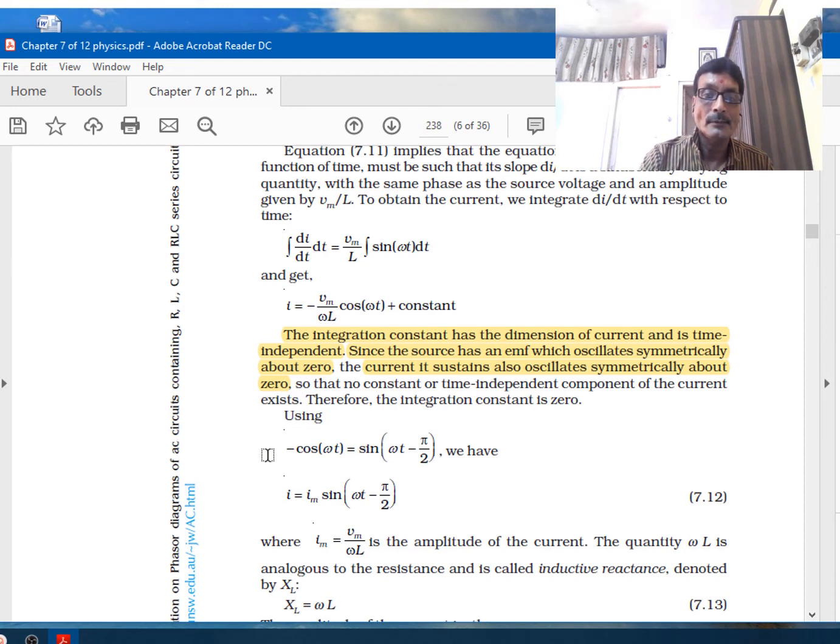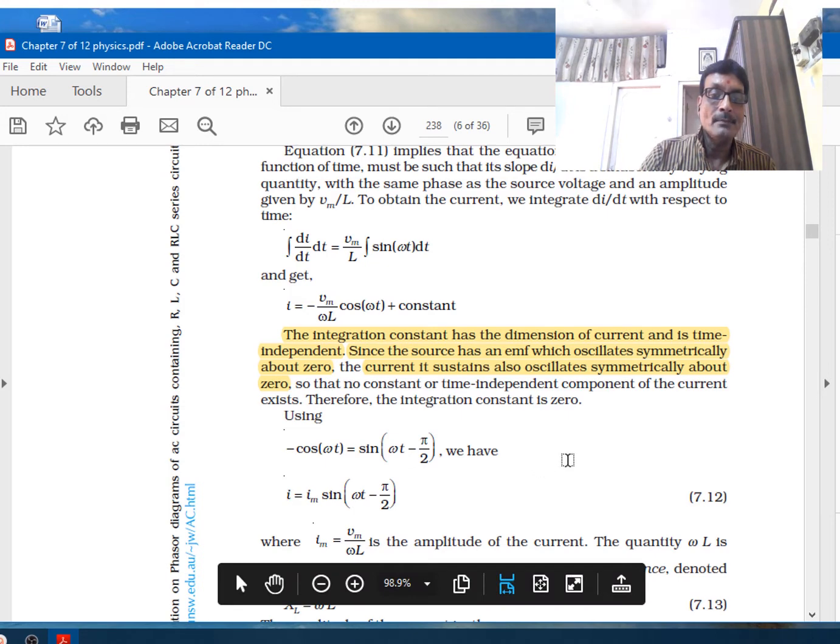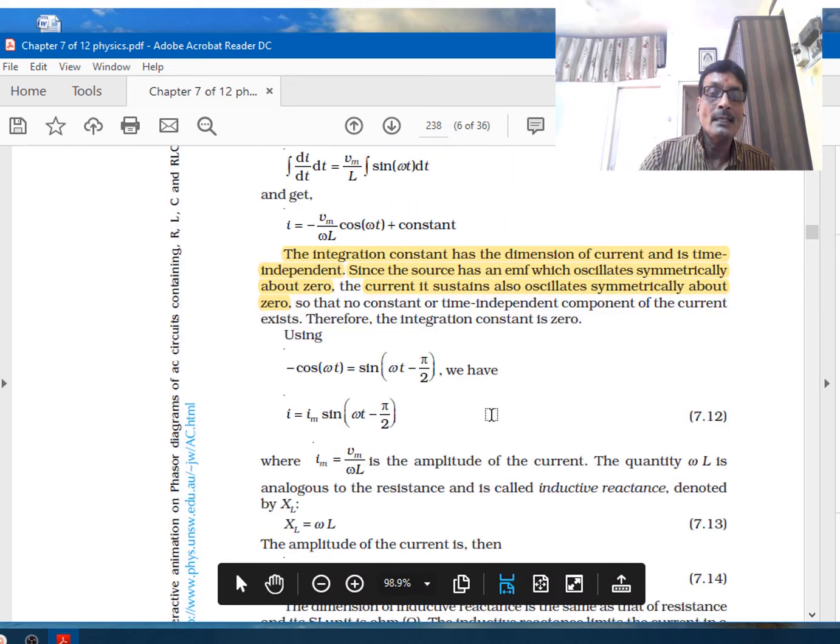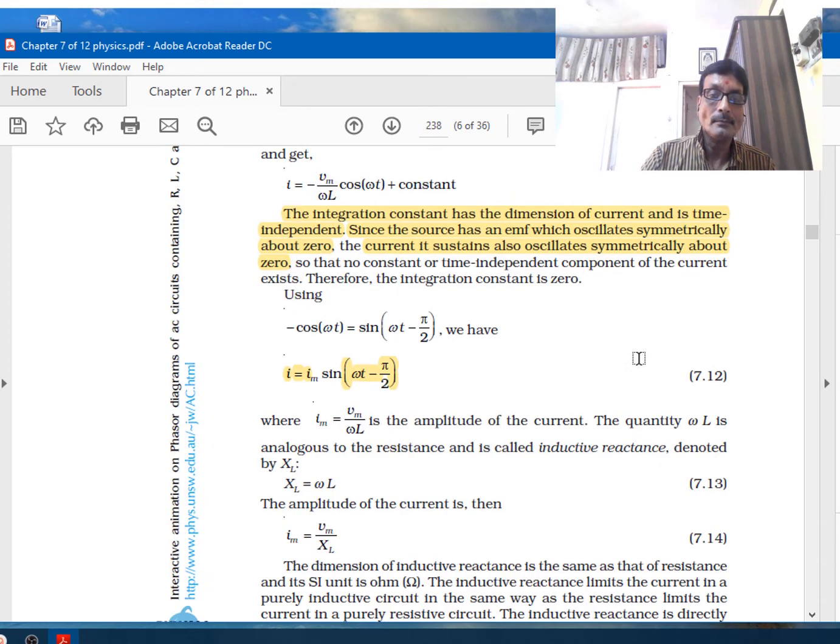Now minus cos omega t is equal to what? Sin of omega t minus pi by 2. Here the sign is changed. In general, by mathematical rules, it is sin of pi by 2 minus omega t or omega t plus pi by 2. So we can get I equal to Im sin of omega t minus pi by 2.